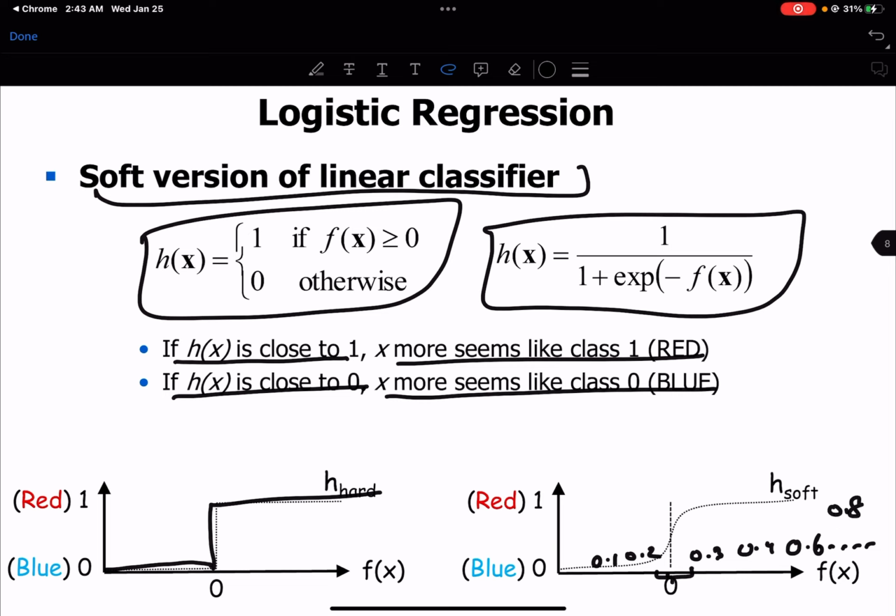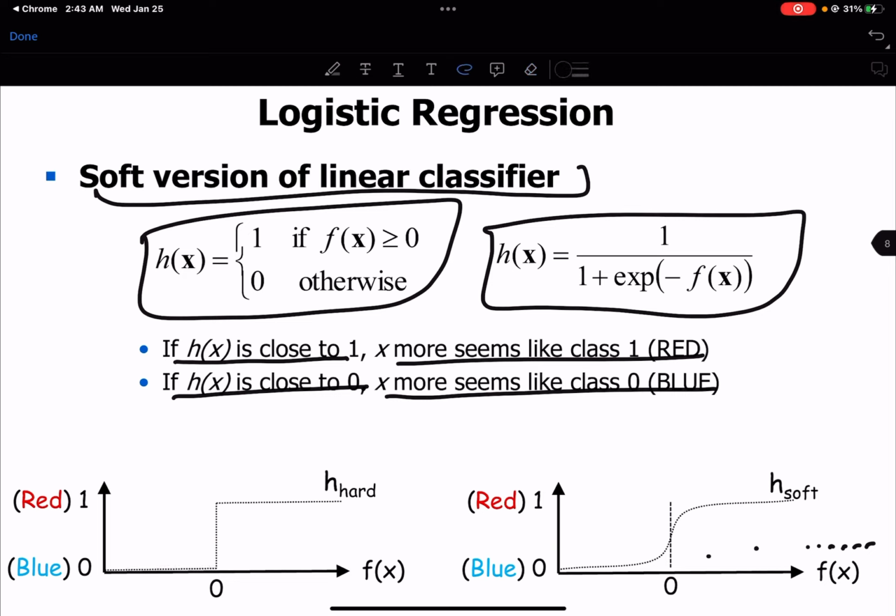So if this is our 0, the values that are closer to 0 can be defined as blue, and those which are above 0, the farther you are away from 0, the more chances are that it is red. So this is a softer version of your classifier.